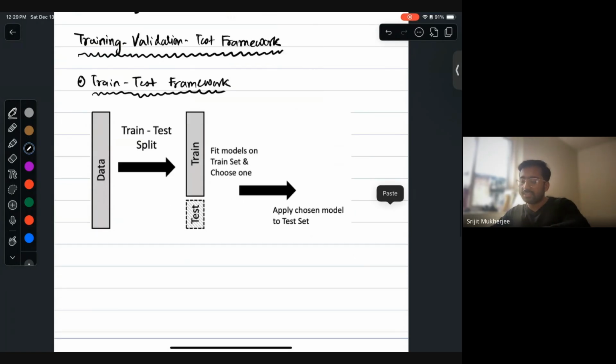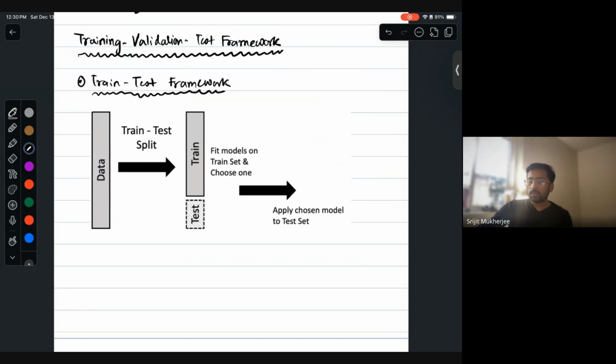The train test framework says that you have data. You train on past data and test your results on the test data.